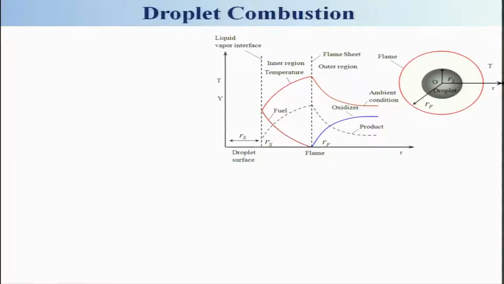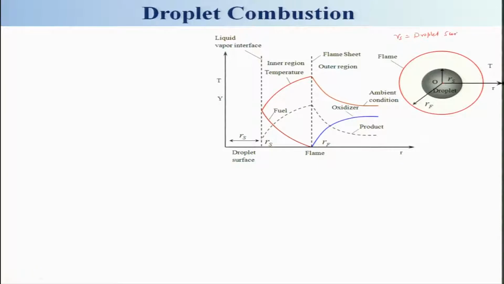So, if you look, the droplet is here, and this is symmetric along the phi direction, because it is a spherical droplet, and then the psi direction, that will be symmetric, and it will be varying only along the r direction, right. So, this distance from here is R_S. R_S is the droplet surface radius, right.